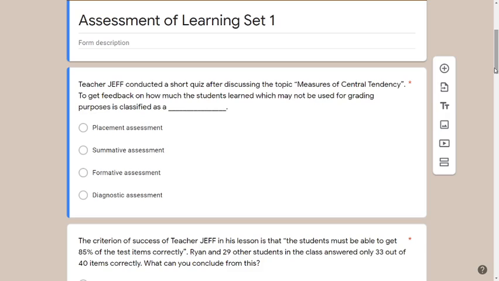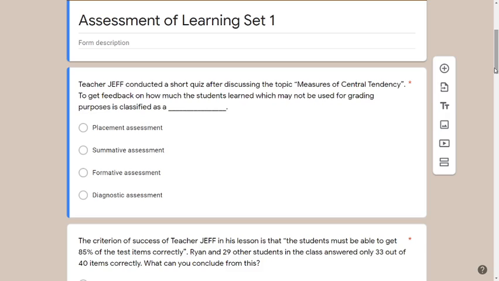So let's go to option C, formative assessment. So formative assessment, the teacher, from the word itself, form, to shape, right? What are we trying to shape? Because we wanted to know what are the challenges of our learners, right? It actually helps us prepare for the summative, right?